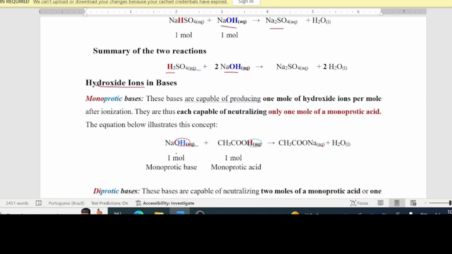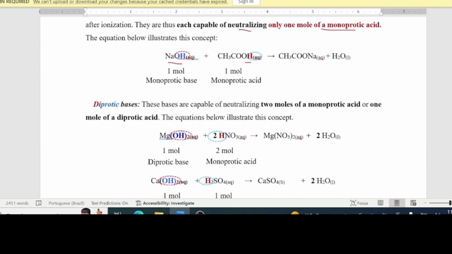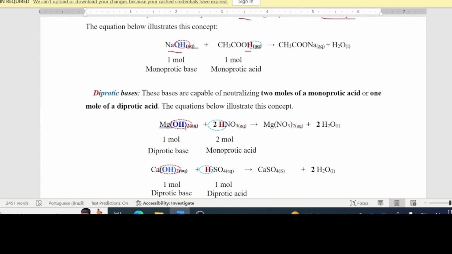Hydroxide ions in bases: this is a monoprotic base because it has 1 OH, and any monoprotic acid is capable of neutralizing it. It has 1 OH, okay, because they're capable of neutralizing 1 mole of a monoprotic acid. Next, another example, Mg(OH)2 has a 2 there. We call that a diprotic base because it's capable of neutralizing 2 moles of a monoprotic acid.